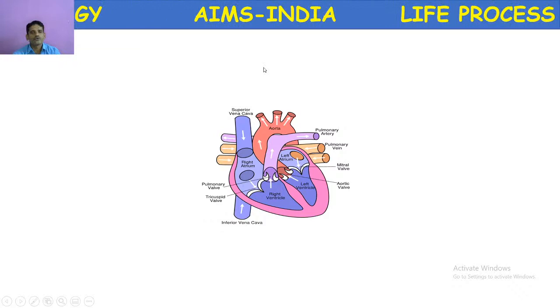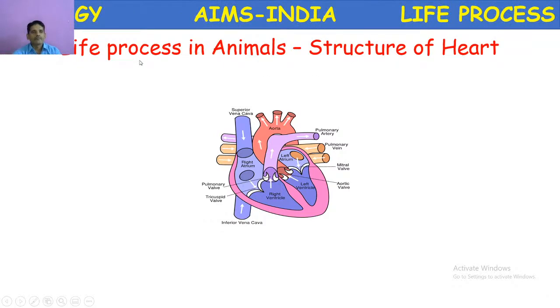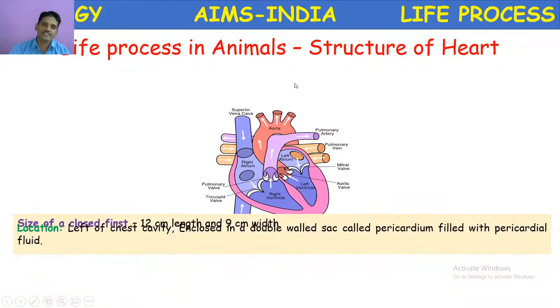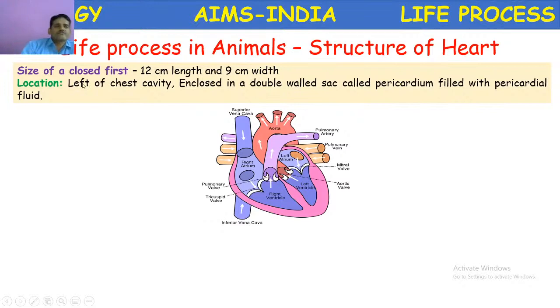Let us enter into the next life process, the structure of the heart or circulatory system. The size of the heart is about one's closed fist, an average of 12 centimeters in length and 9 centimeters in width.